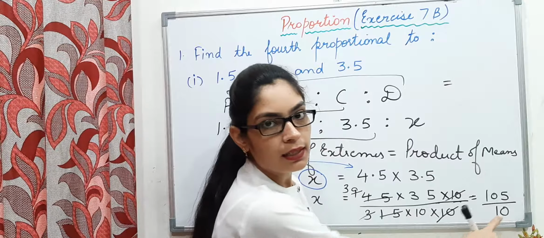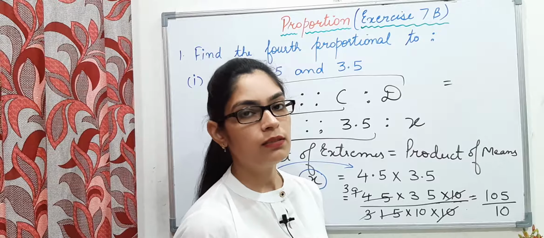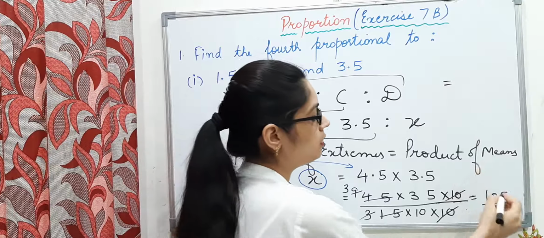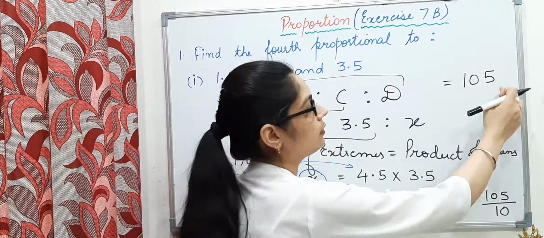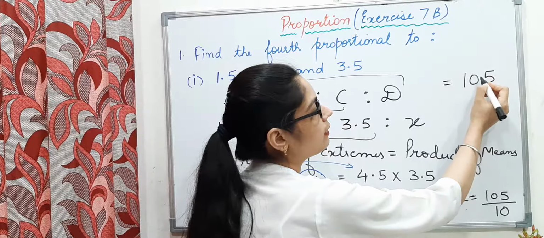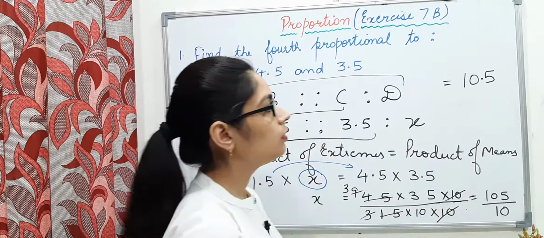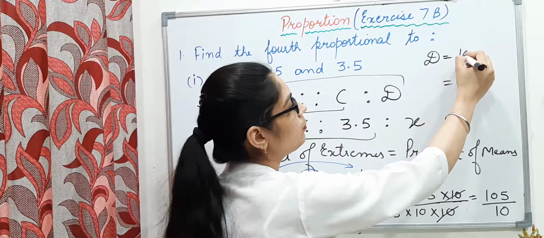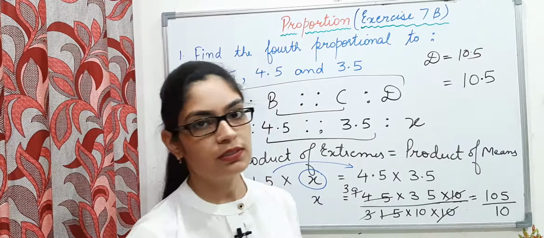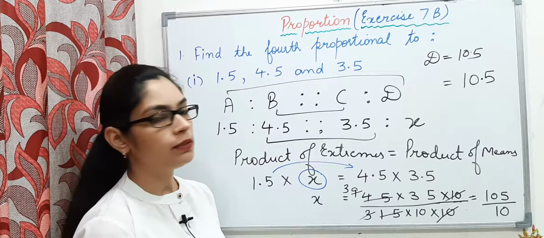See, in the denominator I have 10, 10 means 10 with 1. So 105 I will write as it is. From the right side I can count the number. So after one digit I can put the decimal. So 10.5. So D is equal to 10.5, or the fourth proportional of this is equal to 10.5.